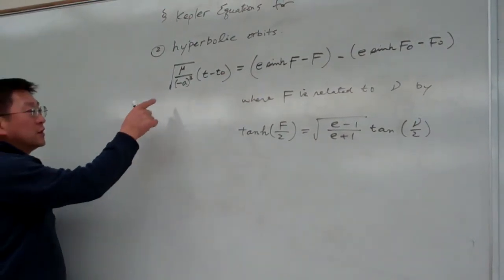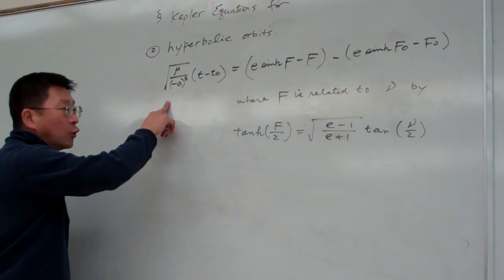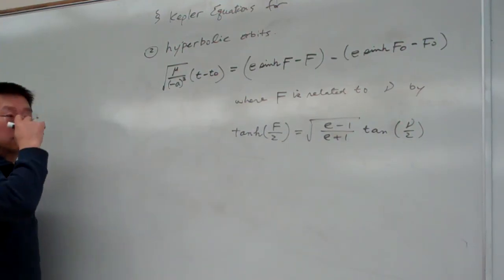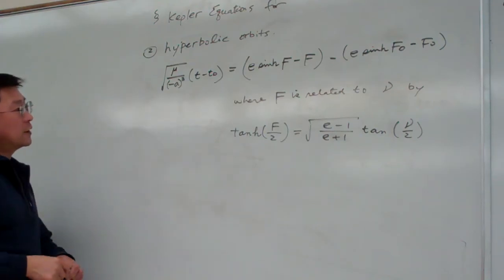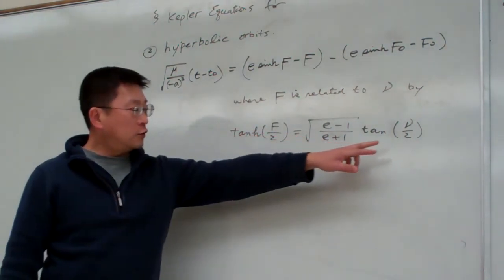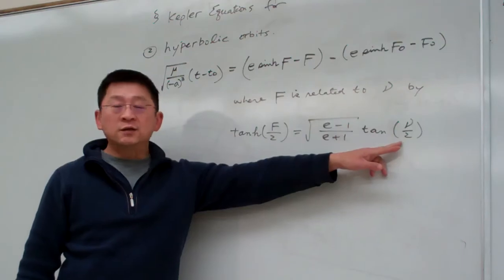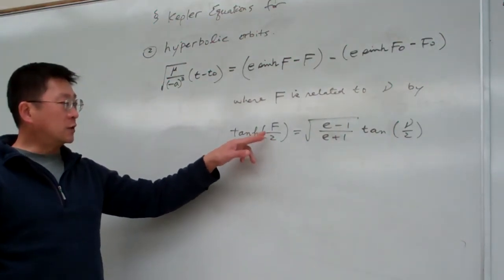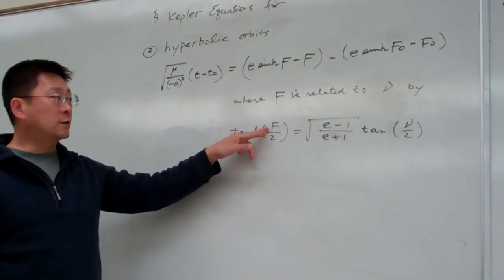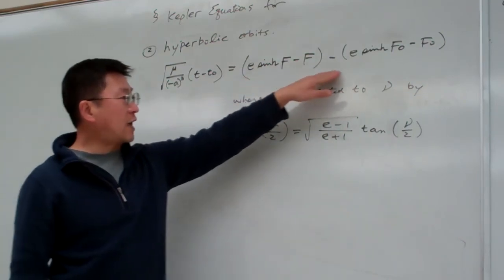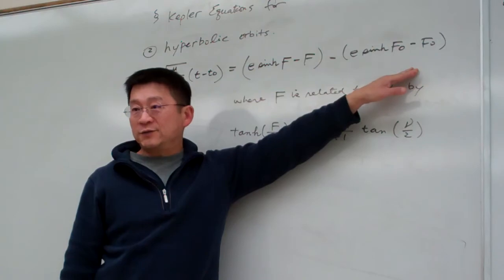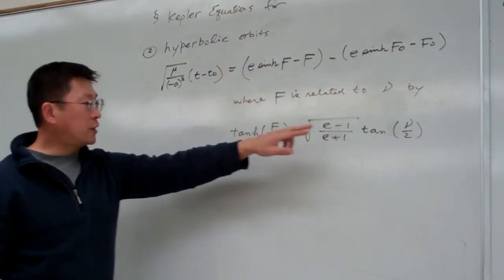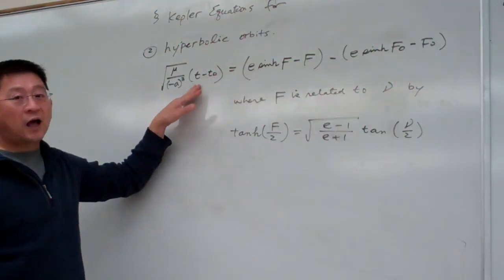So the same thing here, for the hyperbolic orbits, we have similar computational rules. So look at here, if we are given the true anomaly nu, we are able to determine F, the eccentric anomaly. So that means the right-hand side is a number we can calculate quickly by calculators. So when we are given nu, we can easily calculate time of flight.